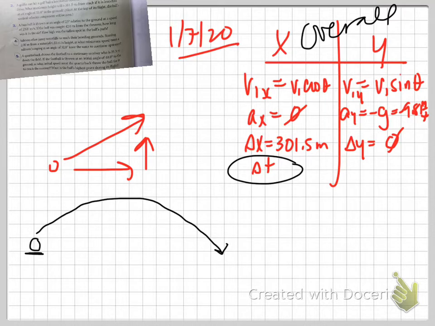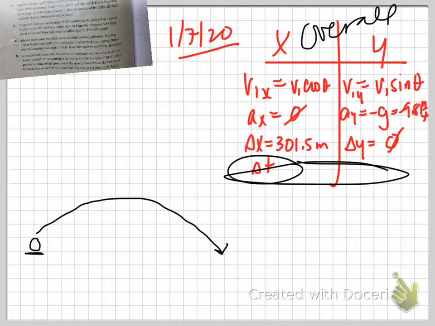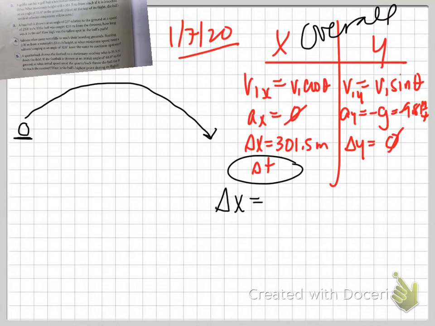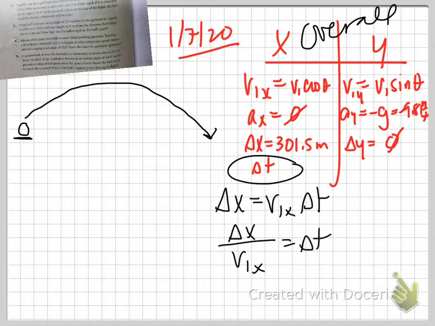All right, so taking that into account, knowing that delta t is going to form our bridge, let's see where we go with this. Well, I know that on the x-axis I don't have acceleration, so delta x equals VIx delta t, so delta t equals delta x over VIx, and I can further substitute.